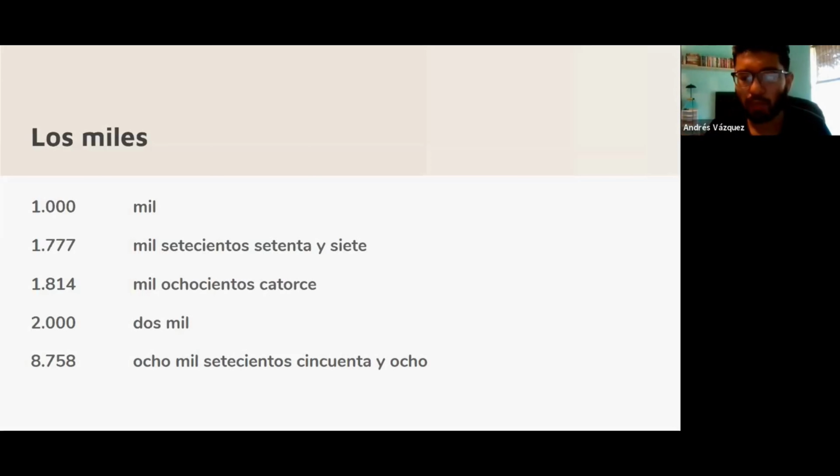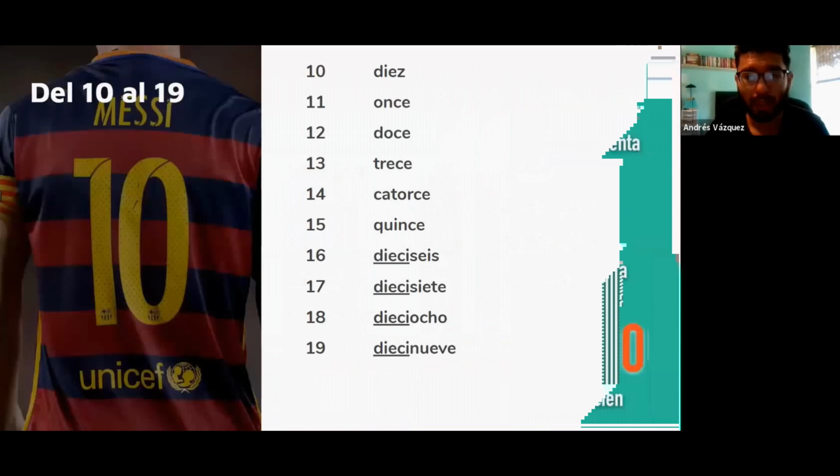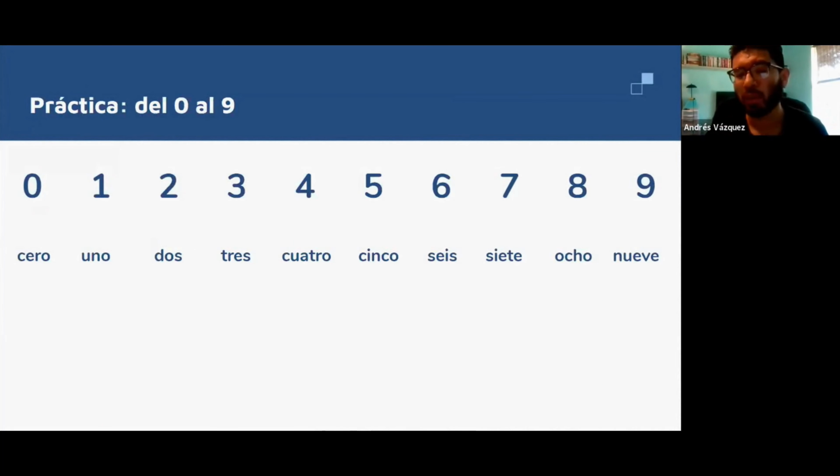Bien, so once we have those patterns, once we know where to put which digit place in what order, we will be able to talk about most numbers, no? And another reason why numbers 0 to 9 might be the most important is because those are the ones that we use to talk about time, or to give a phone number out.